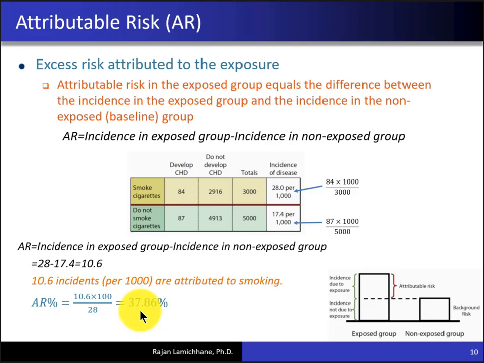So this is only in the exposed group. You can also calculate attributable risk by using the relative risk, because attributable risk is based on the relative risk. Here is a relationship you can use if you want. Attributable risk percentage is relative risk minus 1 divided by relative risk.